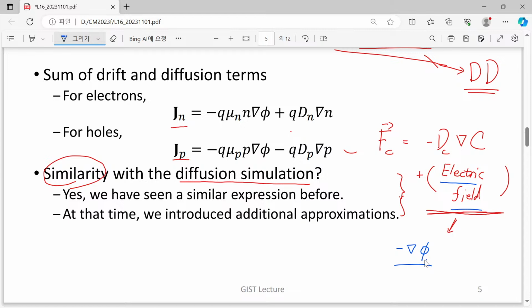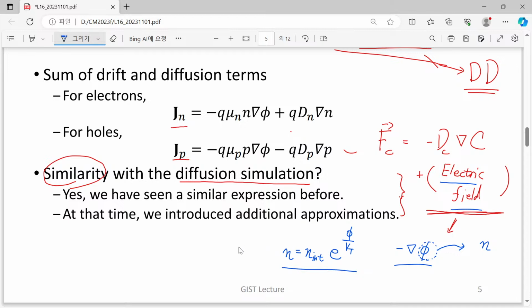However, after that, this electrostatic potential was just expressed as a function of electron density under the assumption like this: electron density, and yes, in the case of our n-type dopant, we applied this kind of approximation.